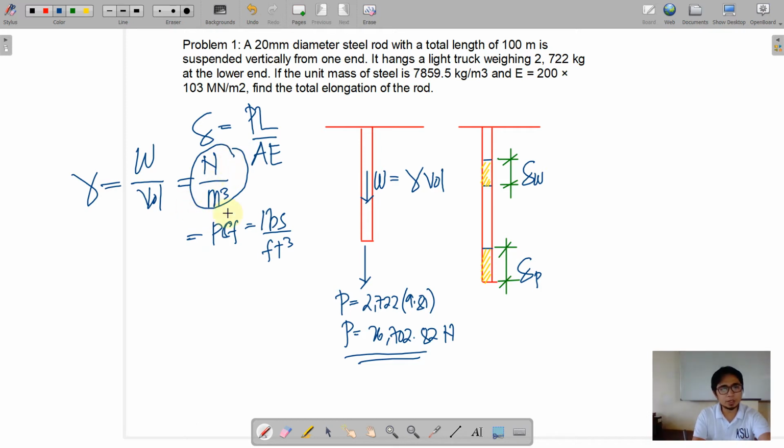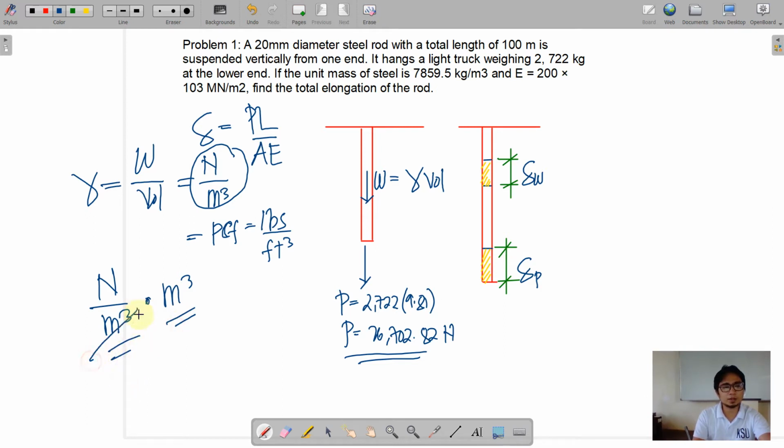Actually, we do not need to memorize this one, but to familiarize ourselves with the unit of force. And the unit of force is Newton, right? So if we have a force in Newton per cubic meter, we'll just have to multiply it by cubic meter.